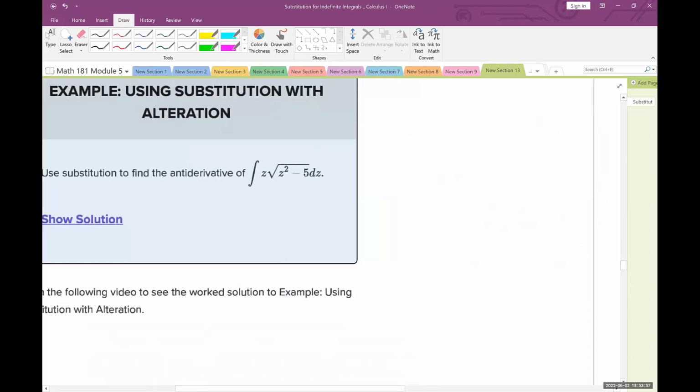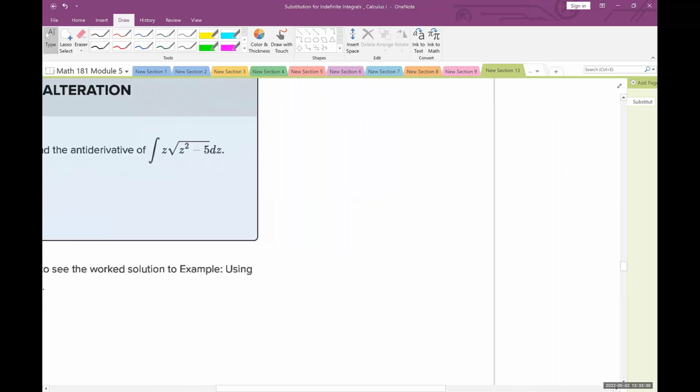Here's this case with the z's. We have the integral of z times the square root of z squared minus 5 dz. Now, what would you choose as u in this case? If there's something being raised to a power, like a quantity raised to a power, or a square root, or something e to a power, that special thing is going to be your inside function.